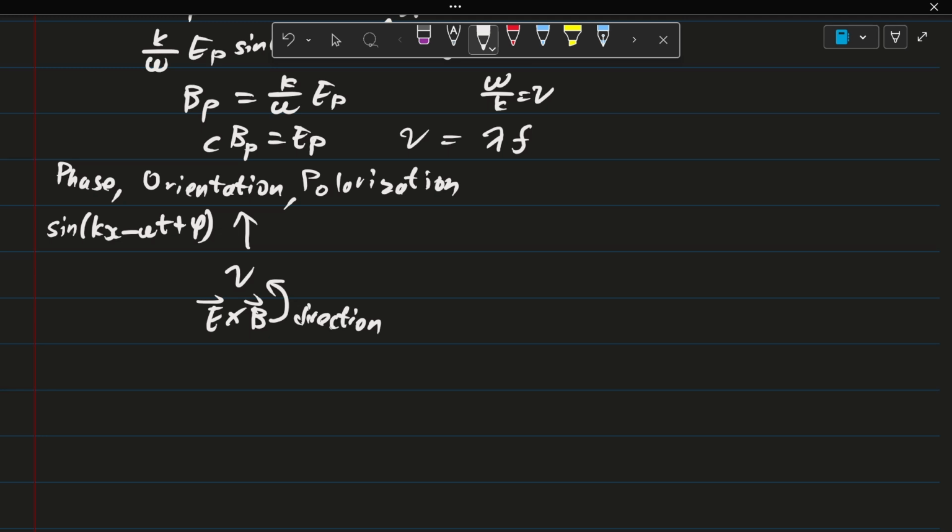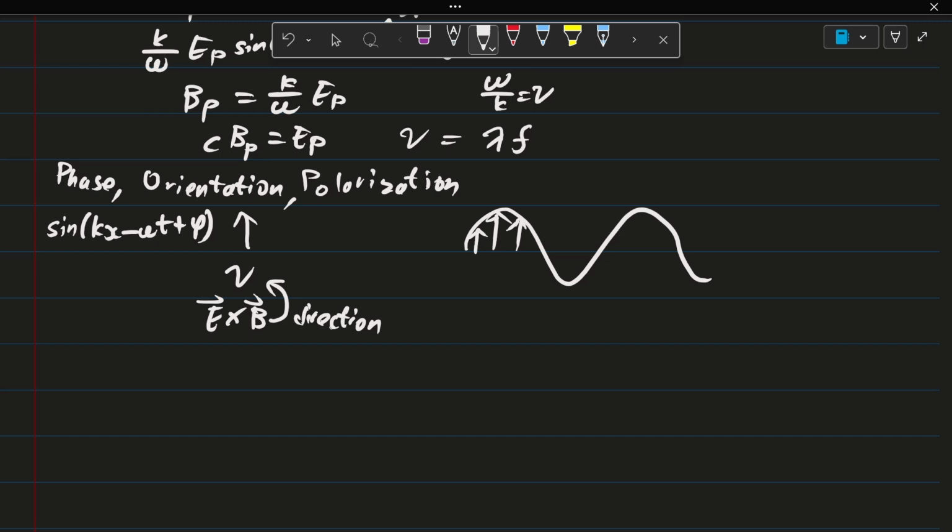And lastly is the polarization. What polarization really means is that, remember, electromagnetic waves are transverse. This means that the electric field is perpendicular to the orientation of the wave, or the propagation of the wave. And this is what you call the polarization.